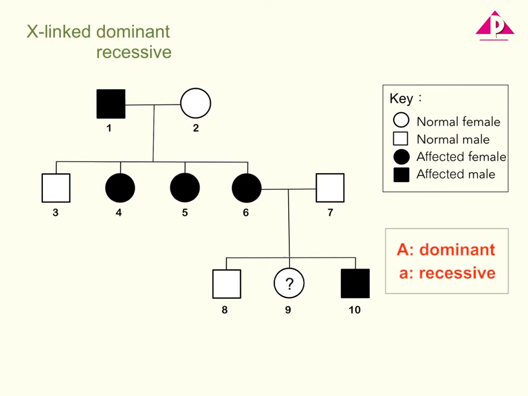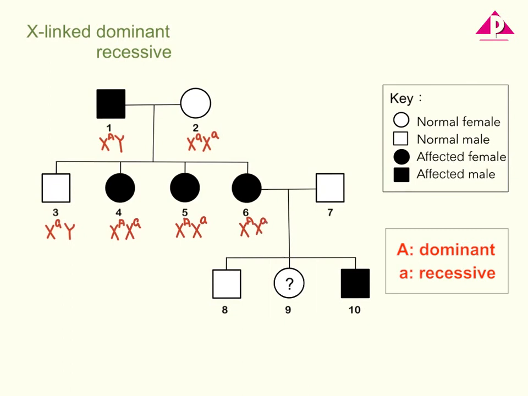Let us double-check to ensure the disease is an X-linked dominant trait. If the disease is inherited as an X-linked dominant trait, the genotype of individuals 1 and 2 must be X^A Y and X^a X^a. The expected genotypes of their children are as follows: X^a Y, X^A X^a, X^A X^a, and X^A X^a.